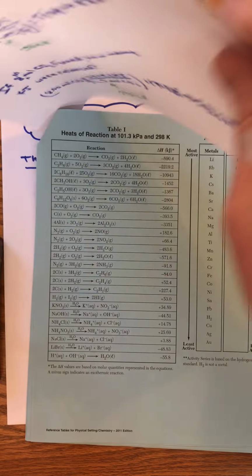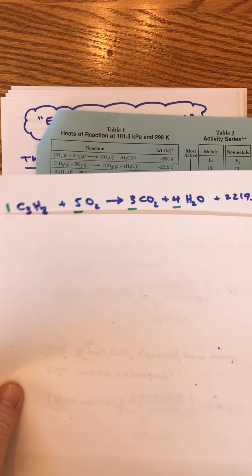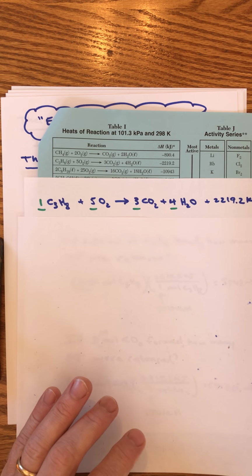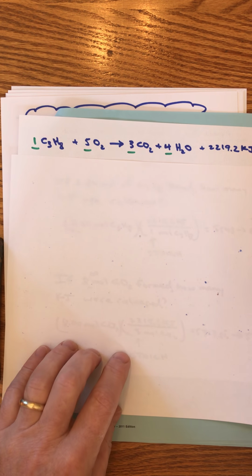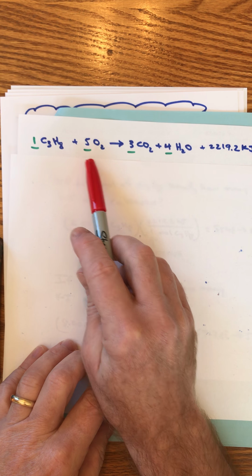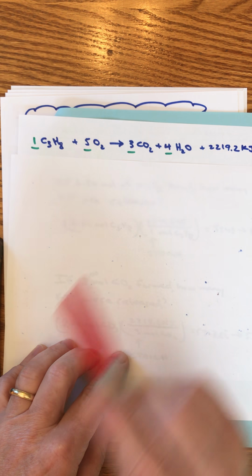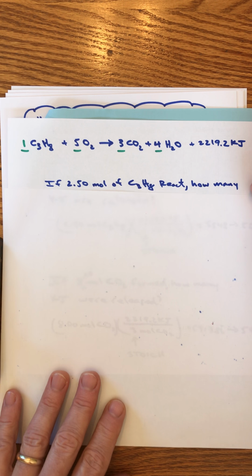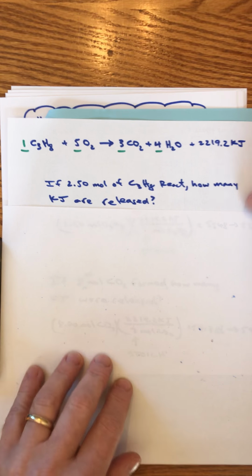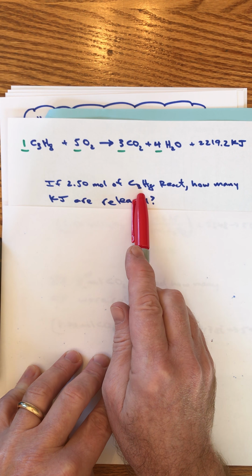So if I look at propane, it's a little bit further down the road here, somewhere in here. It's the second equation. My stoic is 1 to 5 to 3 to 4. Delta H is 2219.2 kilojoules. So, well, what if you had 2.5 moles of propane reacting?